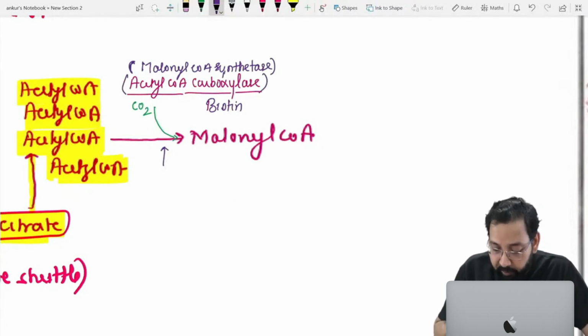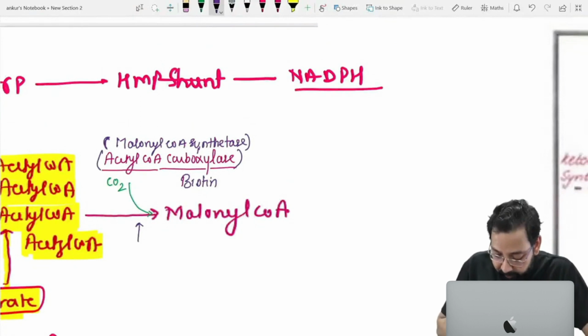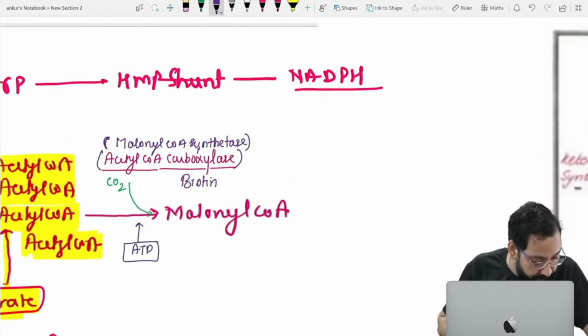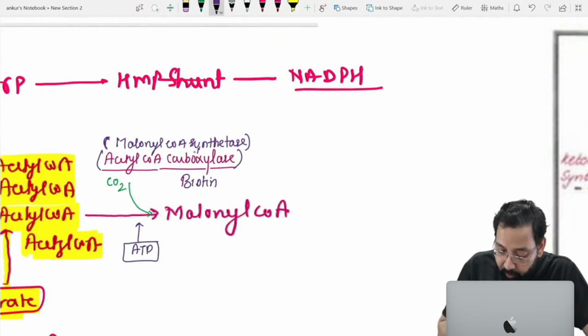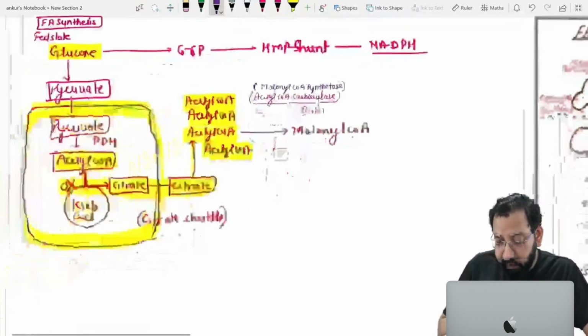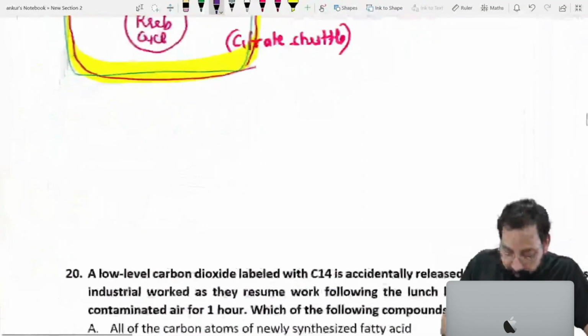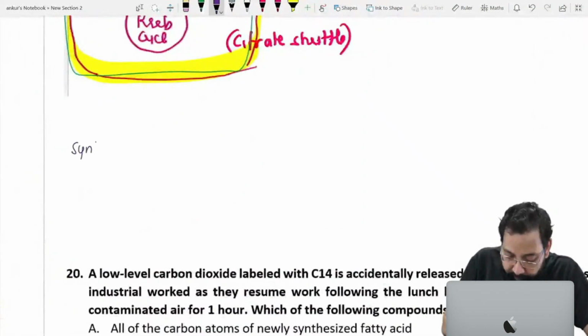What is the difference between synthase and synthetase? In synthetase, ATP is used. You all know that carbon dioxide is joined and ATP is used, so malonyl coenzyme A synthetase.